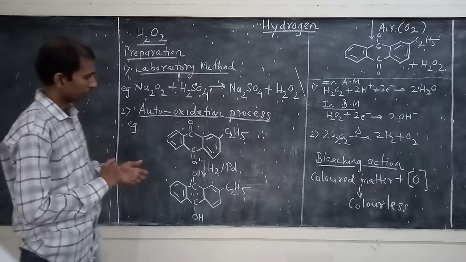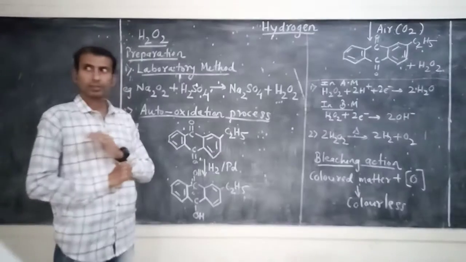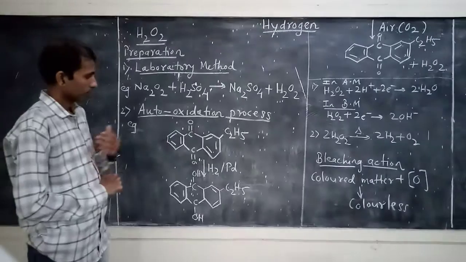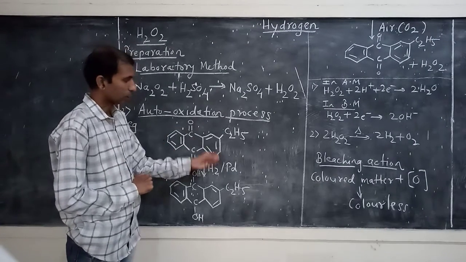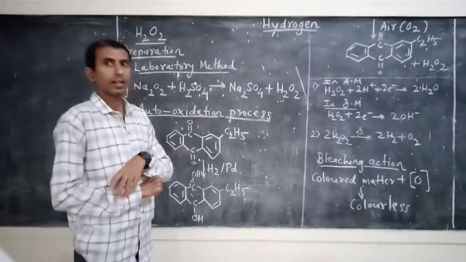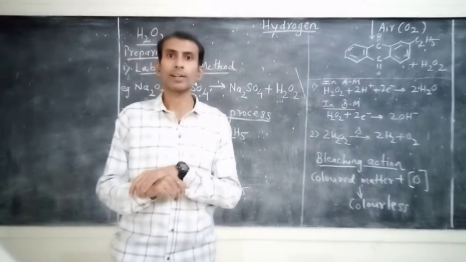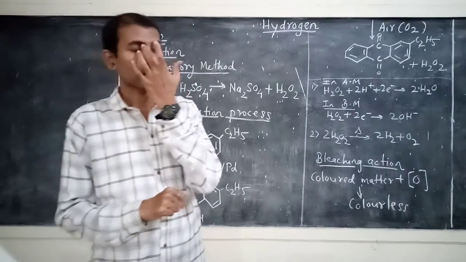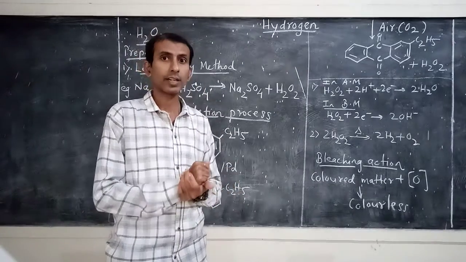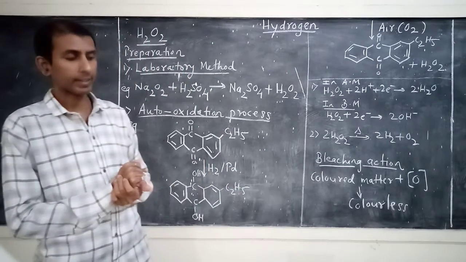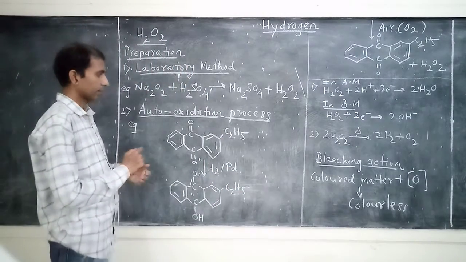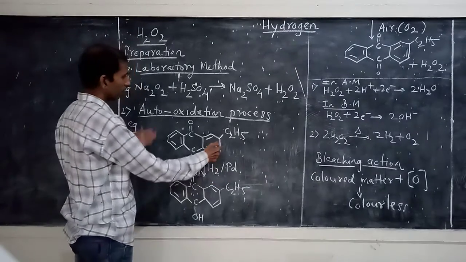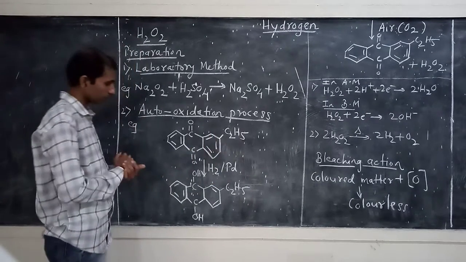So the first step is a reduction step. Reduction means addition of hydrogen in presence of a catalyst, and we know that for hydrogenation or reduction process mostly we are using platinum, palladium, nickel catalyst. So here we have palladium since we have aromatic compound here.